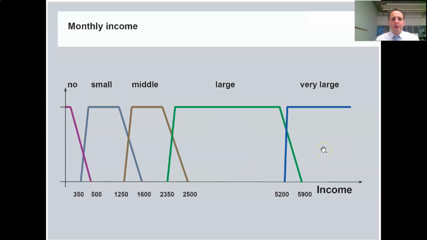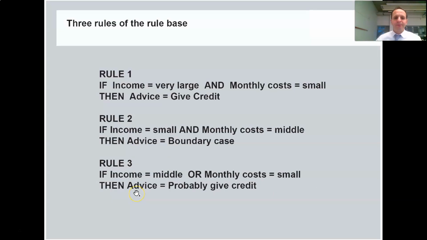So, for example, the monthly income can be divided into no income at all, small, middle, large, or very large, depending on some reference examples of salaries. For the case of three rules, they are quite intuitive.